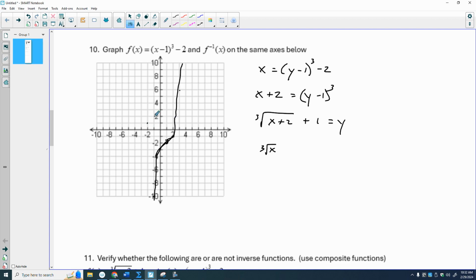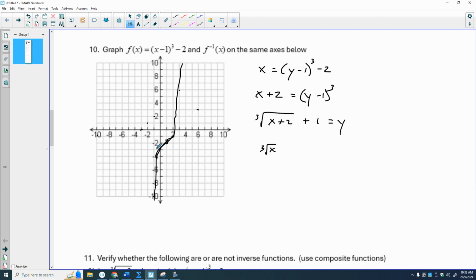Now if x is 1, cube root is 1. If x is 8, the cube root of 8 is 2, whereas here I went 2 and 8. Now I'm going 8 and 2 because we switched the x and the y. If x is negative 1, y is a negative 1. If x is a negative 8, y is a negative 2.